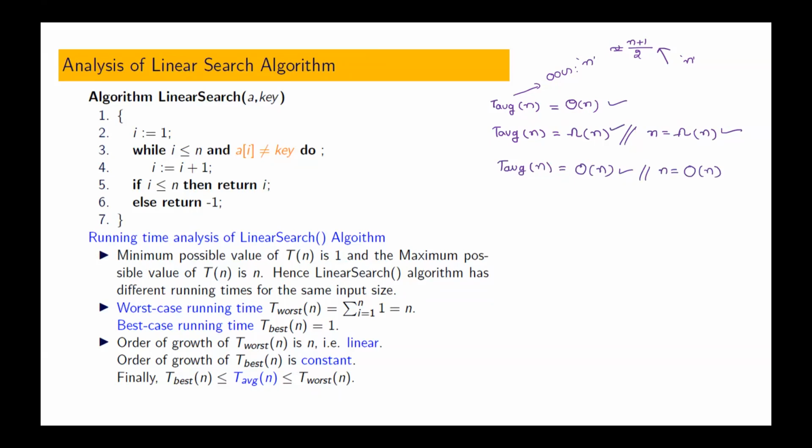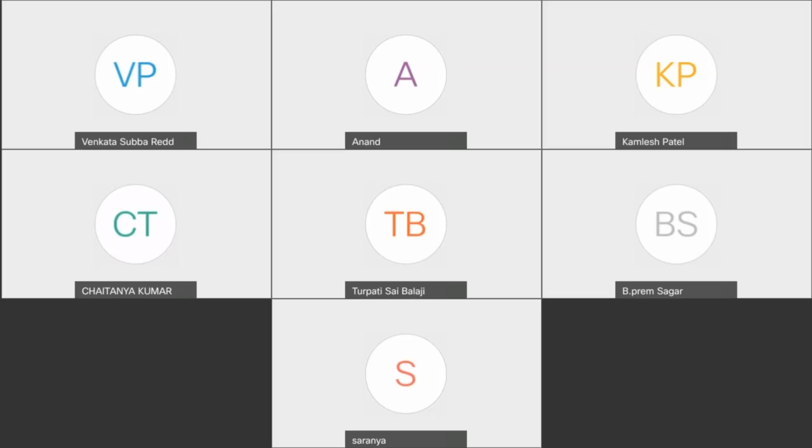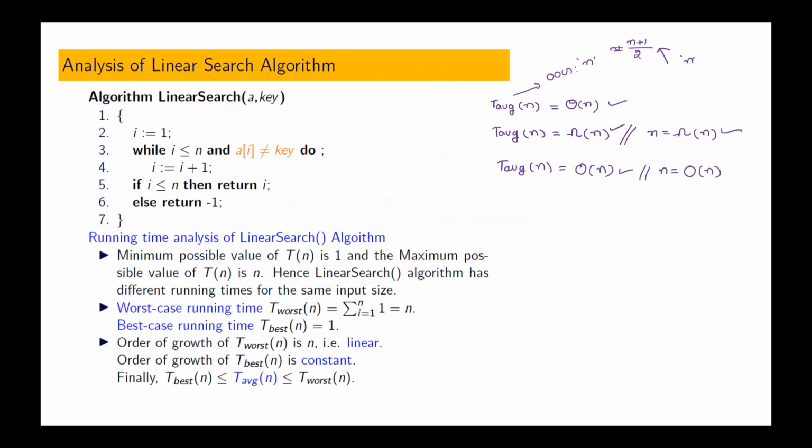Hence, T average of n is big O of n. That is also true.